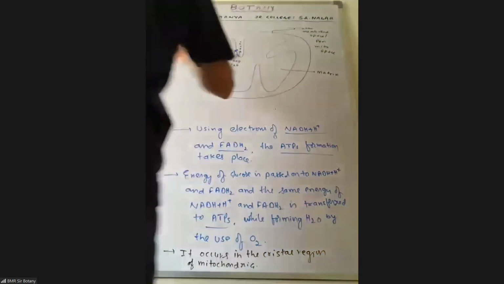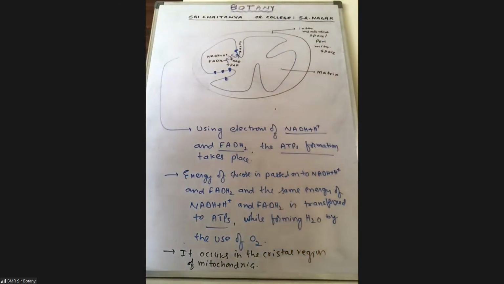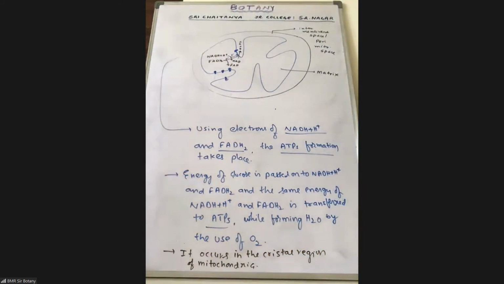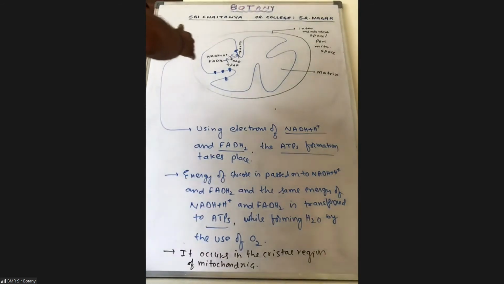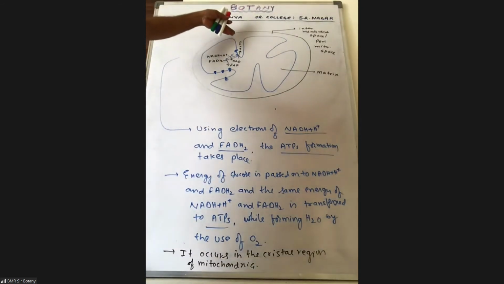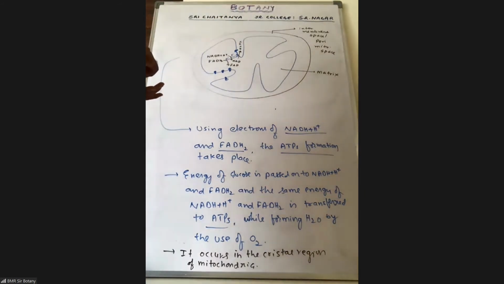Whereas this was matrix, in which you have seen link step, TCA cycle occurred and formed NADH2 and FADH2. Their electrons passing through electron carriers first will accumulate protons in the intermembrane space.